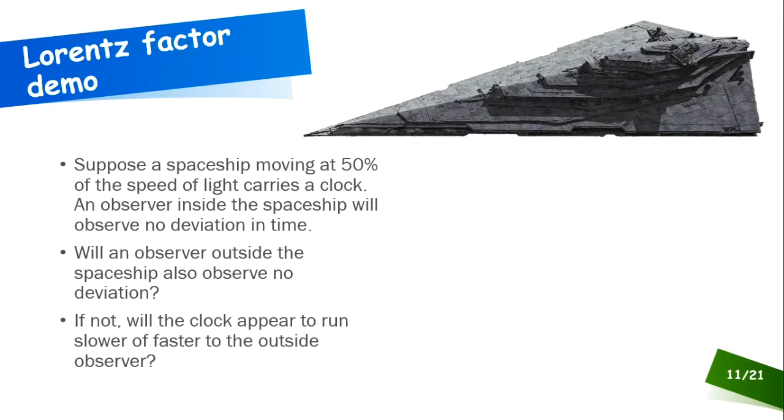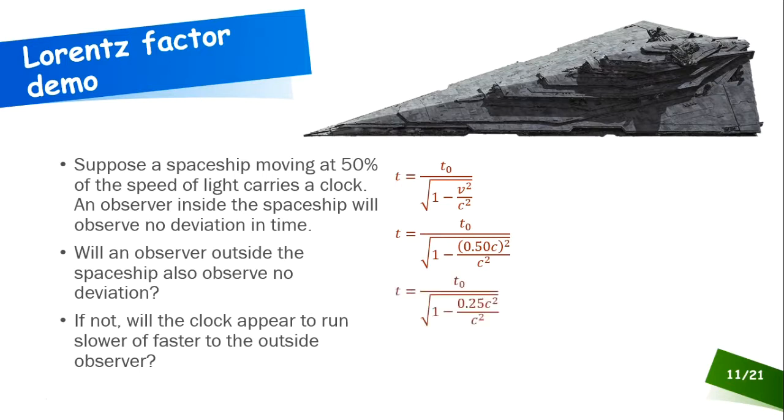So let's answer the first question, and we start by writing out our equation here for time, and then we're going to substitute in the values that we know. So we know that we're moving at half the speed of light, so our velocity is 0.5 times c, and we're going to square that quantity. Well, one half c quantity squared is going to be 0.25 c squared.